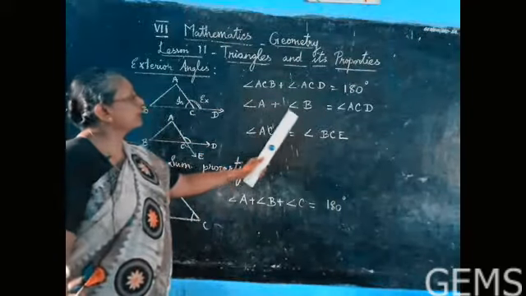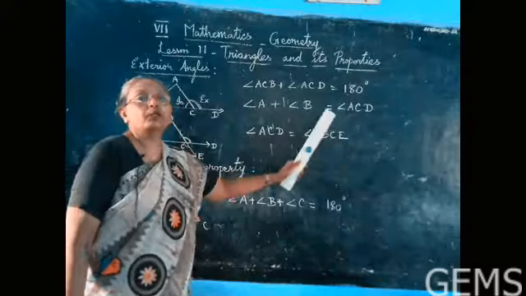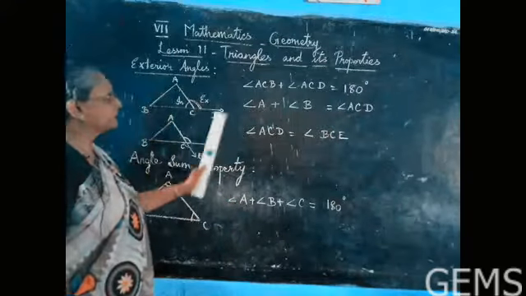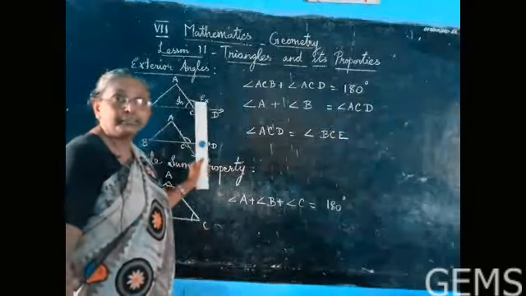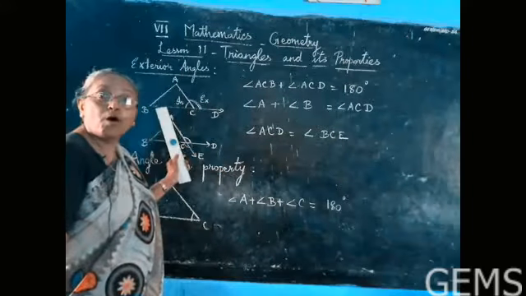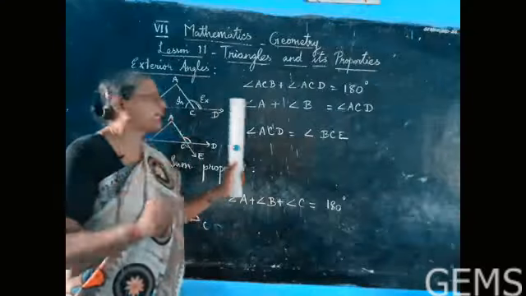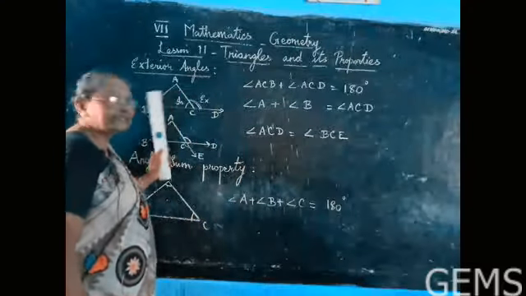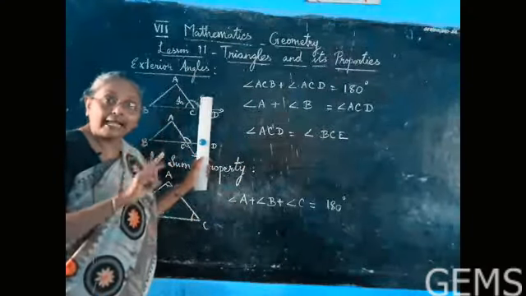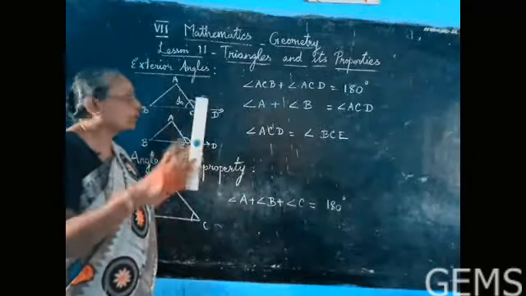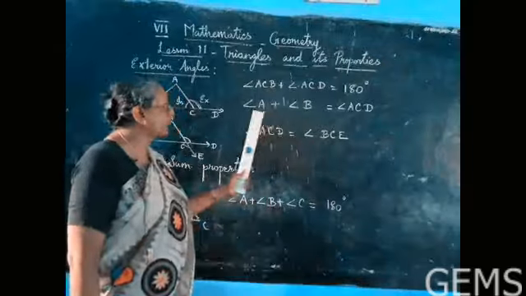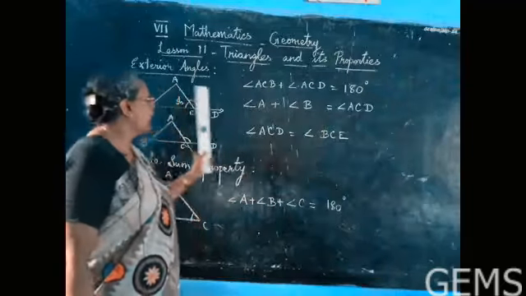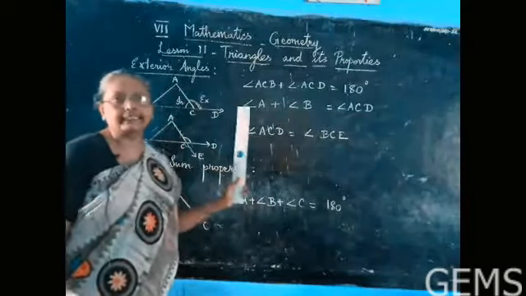Angle A plus angle B will be equal to angle ACD. The exterior angle will be equal to the sum of its opposite interior angles. These two are the opposite interior angles. When we add their measures, it will be equal to this exterior angle. This is another property. So angle A plus angle B will be equal to angle ACD, which is the exterior angle.